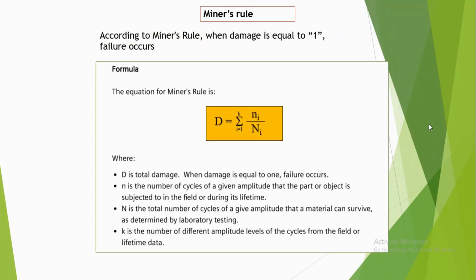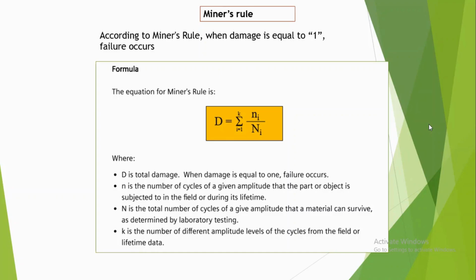And the equation of Miner rule is quite simple. It says that damage is cumulative in nature, and for a particular fatigue load, capital N is the total number of cycles the material can survive, and small n is the number of cycles for that load that it goes through during its lifetime.